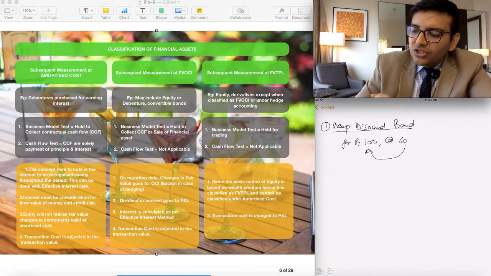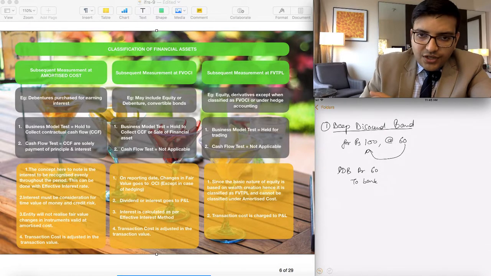In case there is no transaction cost, we'll book: deep discount bond, this is our asset, debit 60, to bank 60. Then this is for 5 years. Year 1 we do this.